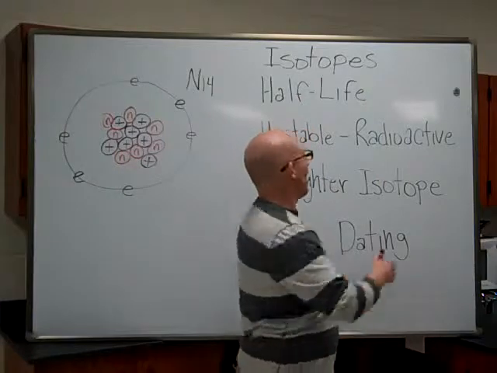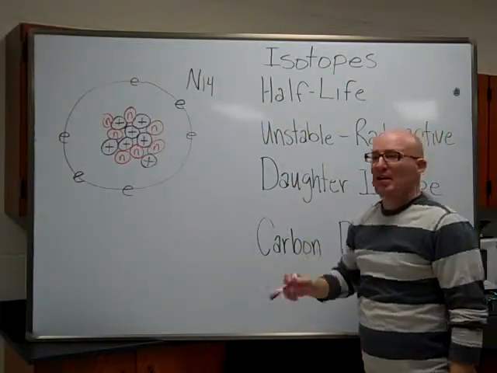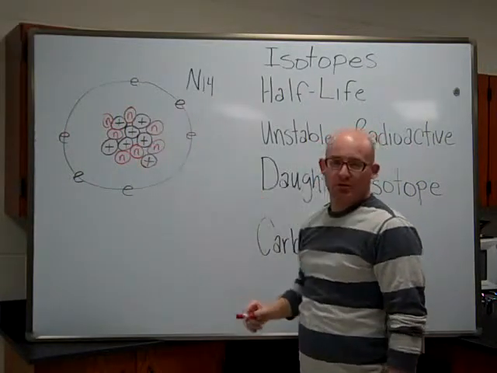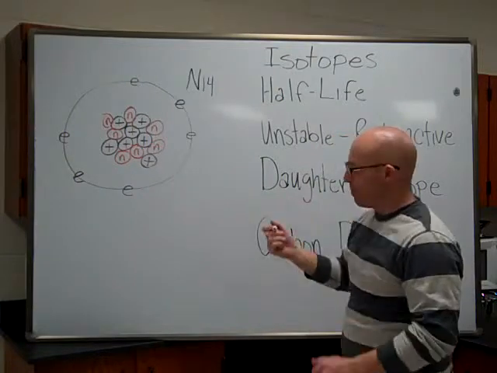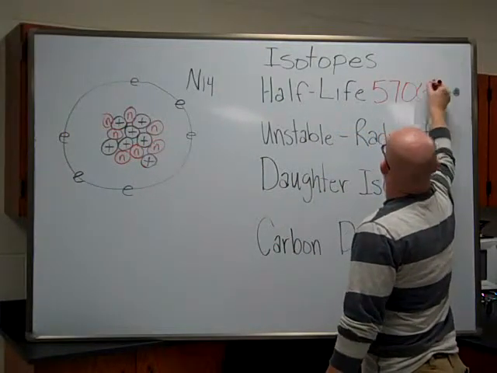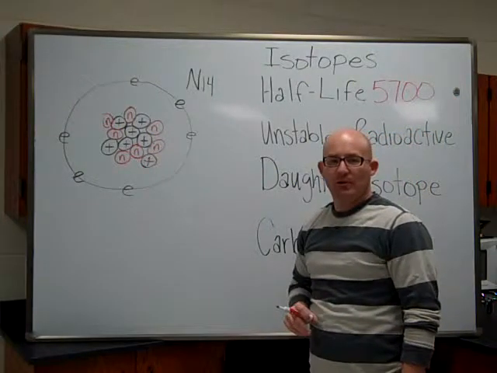The half-life means the amount of time it takes for half of the radioactive carbon to change into nitrogen. For carbon-14, it's about 5,700 years and change. We'll just say 5,700.